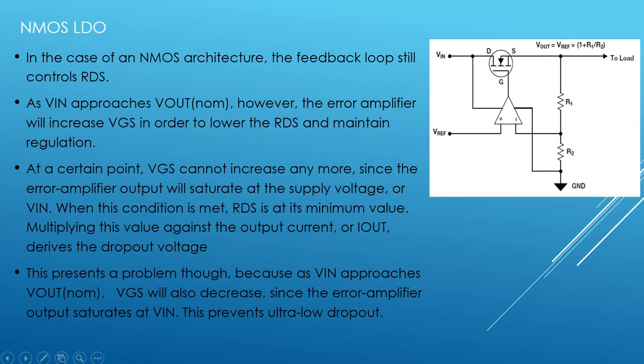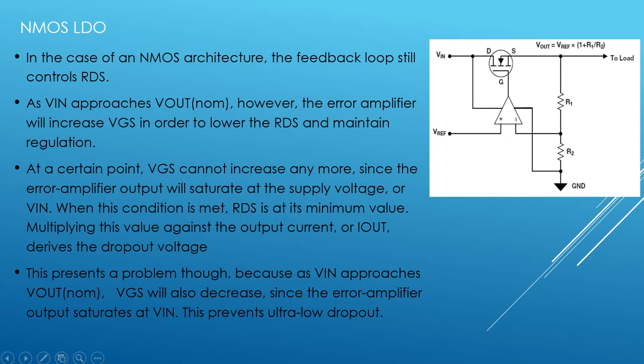NMOS LDO. In the case of the NMOS LDO, the feedback circuitry is connected to the negative terminal of the error amplifier, and the error amplifier controls the gate voltage of the MOSFET. When we increase VGS, RDS decreases, so we can reduce the total dissipation.